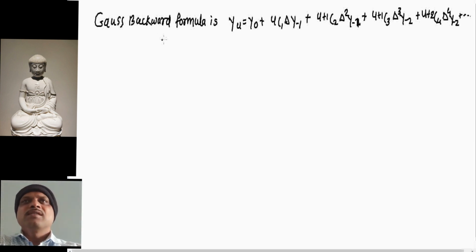In this Gauss formula, the value of u is (x minus x0) divided by h.